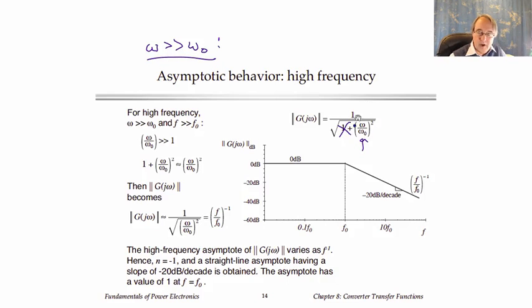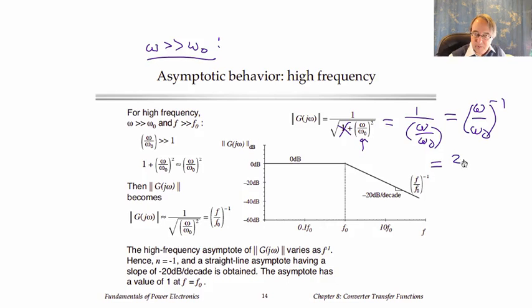So then we get 1 over omega over omega naught squared, which goes to 1 over omega over omega naught, a function that goes like omega over omega naught to the minus 1 power. If we want to express this in frequency f, omega is 2 pi f, so we could write this as 2 pi f over 2 pi f naught, all to the minus 1 power, which is just f over f naught to the minus 1.